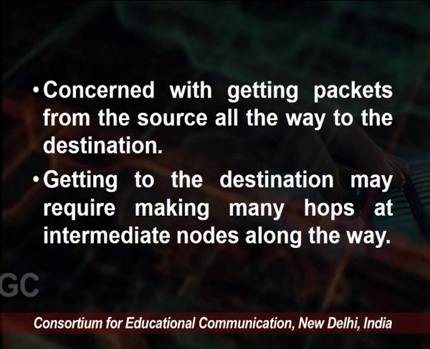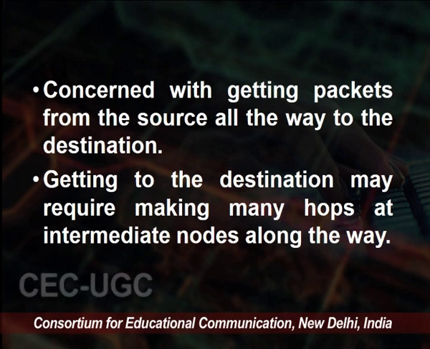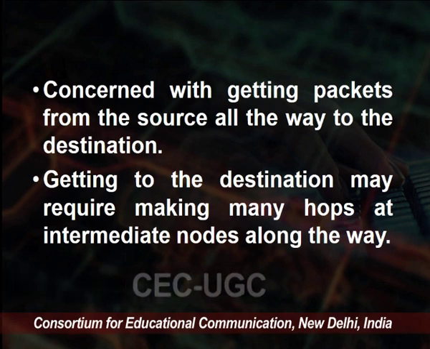One very important thing is that it is responsible for ensuring end-to-end packet delivery across multiple interconnected devices. So the important term here is end-to-end delivery. Basically, the network layer is concerned with getting packets from the source all the way to the destination.